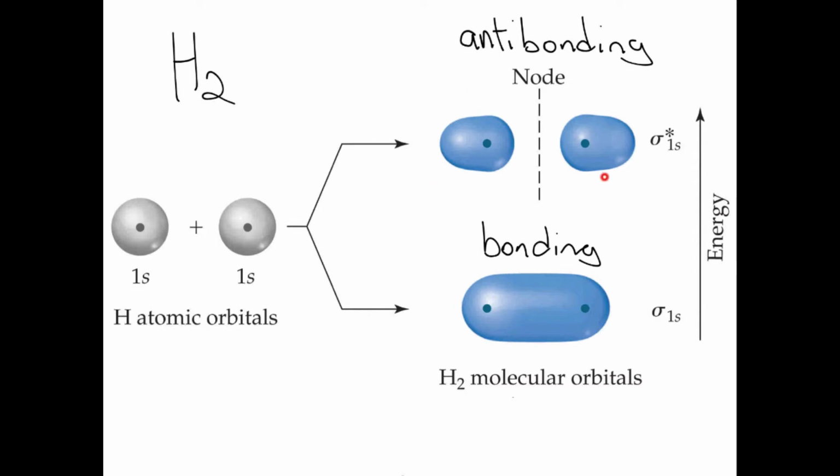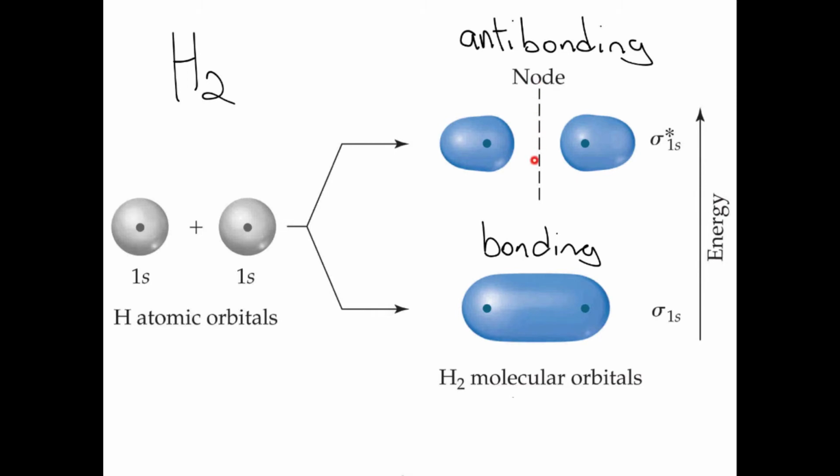But it's the antibonding orbital that really raises the eyebrows here. What is it that even means? Well, first of all, the name antibonding orbital I think makes sense if we accept the structure of this orbital in the first place. There is a node directly between the 2 nuclei. In other words, electrons are not allowed to be here. This is a literal zero probability surface.